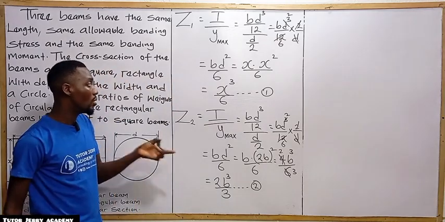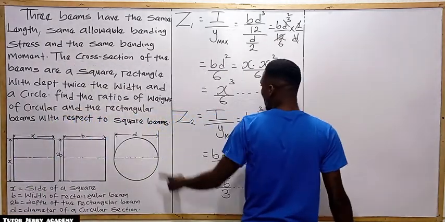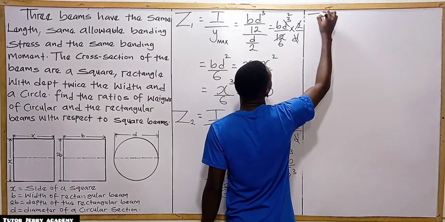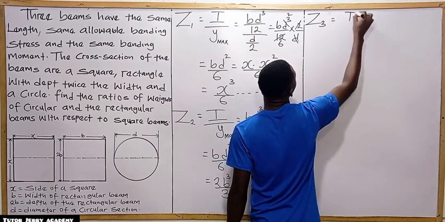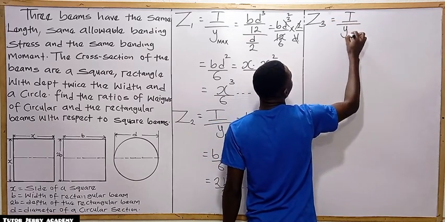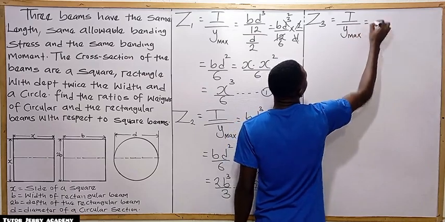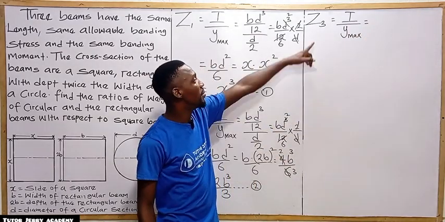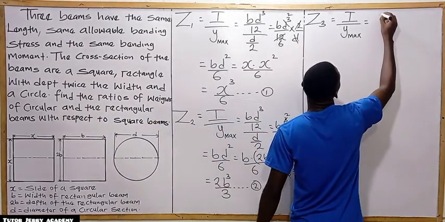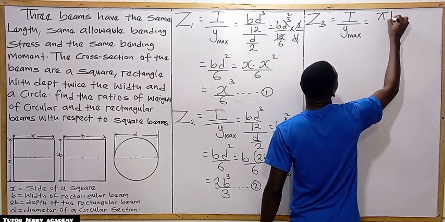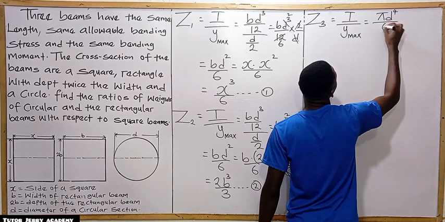All right. So the last but not the least is the sectional modulus of a circle. So this will be Z3, which is the moment of inertia over y max. So what is the moment of inertia of a circle? This is pi d to the power of 4 divided by 64.